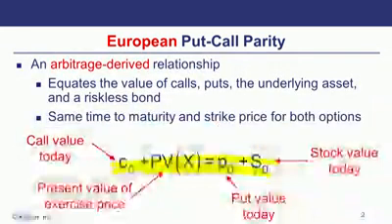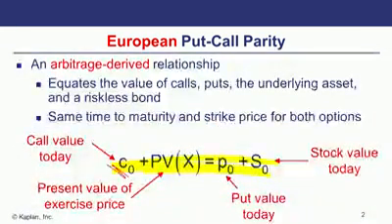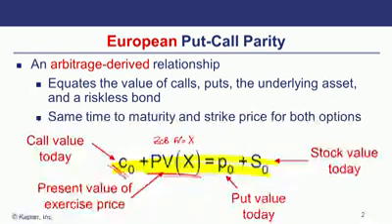Starting from the left hand side, we have a European call option. Then we've got an interesting instrument here. This is a zero coupon bond whose face value will be equal to the strike price of the call option. So it's a very strict definition.